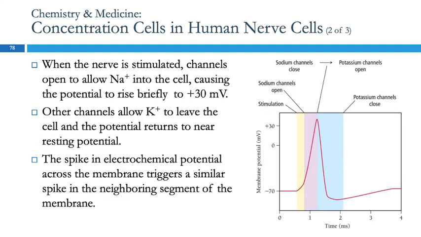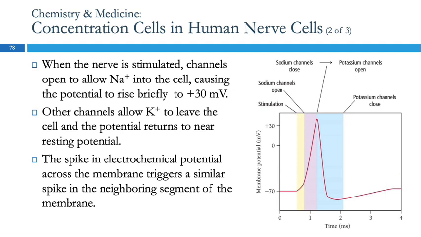When the nerve gets stimulated, those channels open and they allow sodium to flow into the cell. And so the potential of the membrane goes from minus 70 up to about 30 millivolts. And other channels are going to open and allow potassium to leave, and then the potential goes back towards its resting potential.